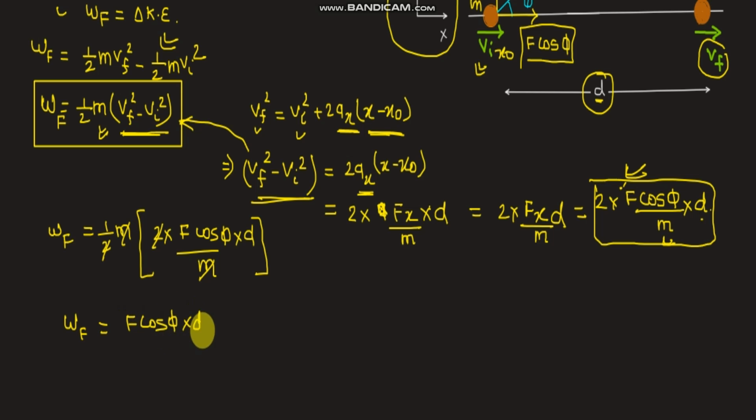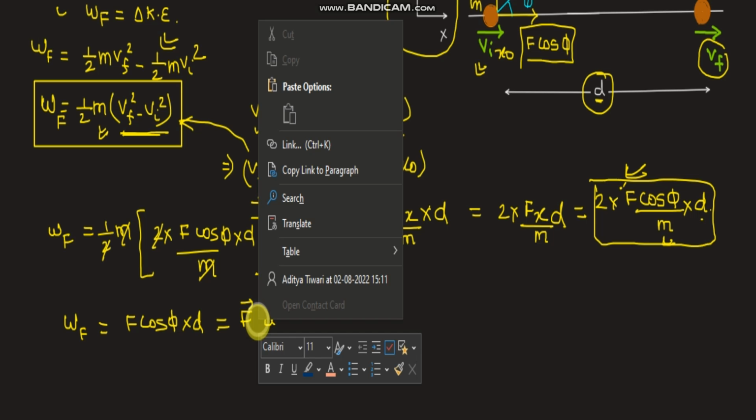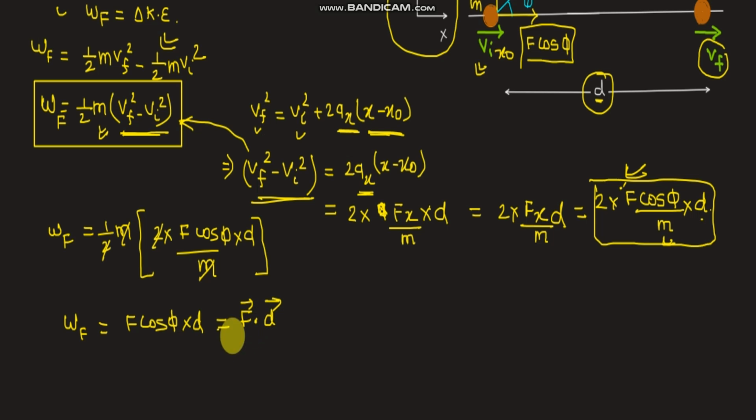As we all know, F is a vector quantity and d is a vector quantity, and if we take the dot product of F and d, that is equal to nothing but F cos phi into d.